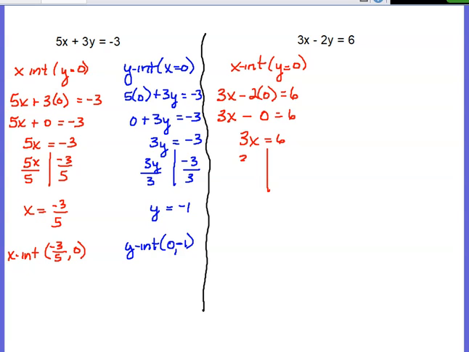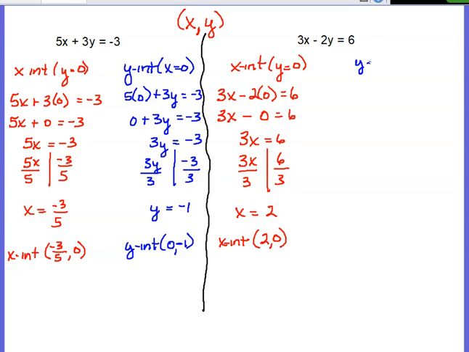Then I have to isolate my variable. So I have to divide both sides by 3. So x is equal to 2. So my x-intercept, remember your y is always equal to 0. X is 2, y is 0. Because remember, all your ordered pairs are written like that, x and y.